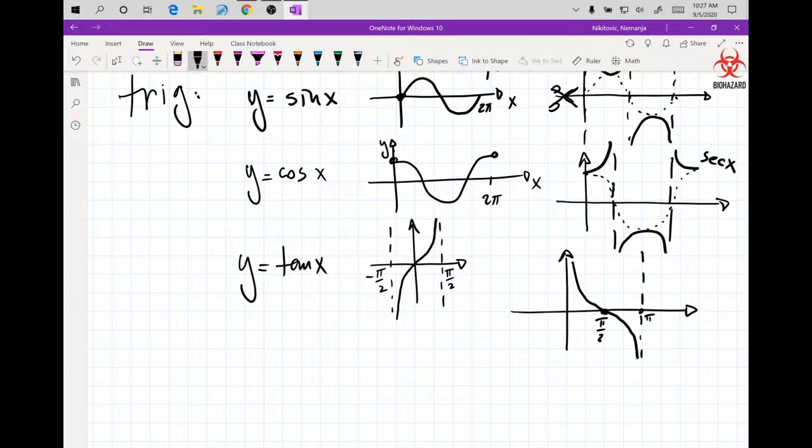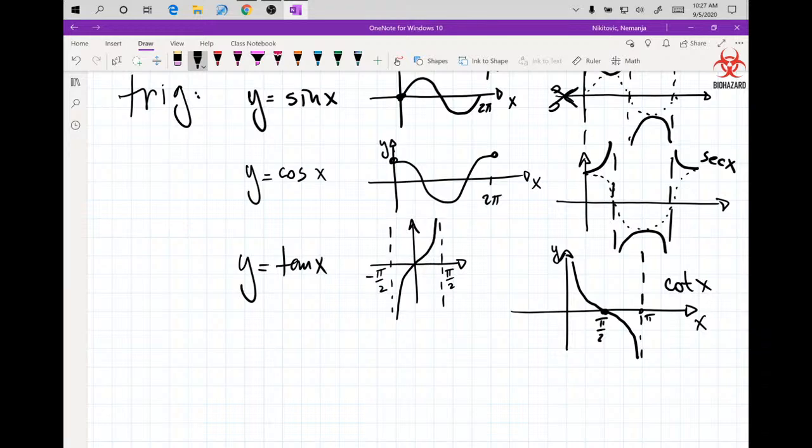So tangent goes through 0, and the cotangent x goes through pi over 2. And it's flipped. You see that it starts up and goes down, where the tangent started down and went up. So those are the trig ones.